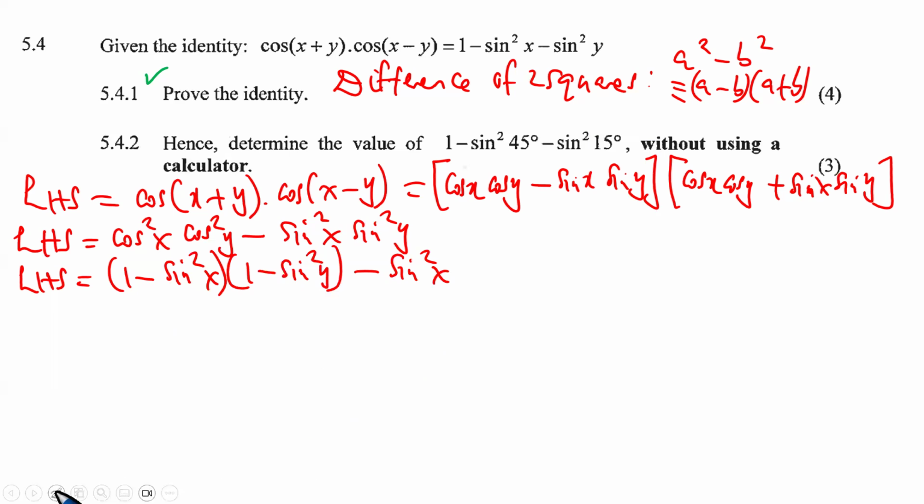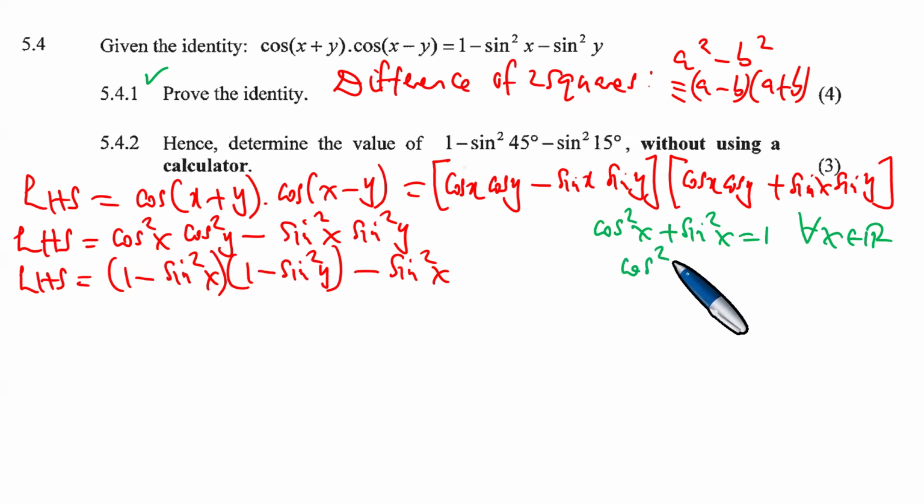Okay, that's fine now. Obviously, we remember our grade 11. Cosine squared x plus sine squared x is always 1, and this is true for all x in the real numbers. So if this is the case, let's make cosine squared the subject, so that cosine squared x is the same as 1 minus sine squared x.